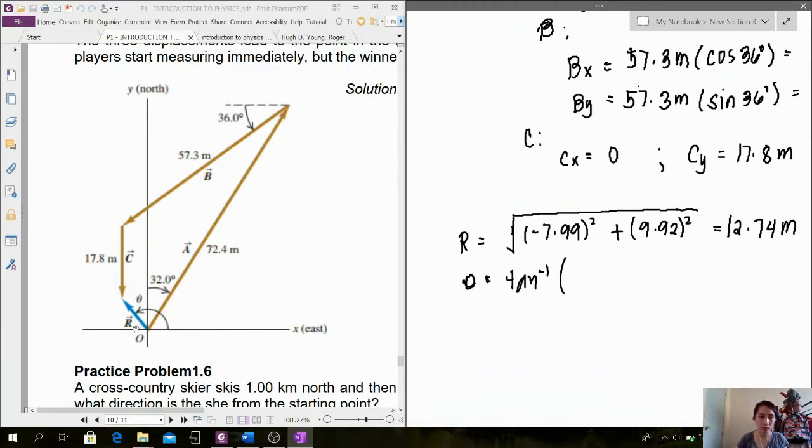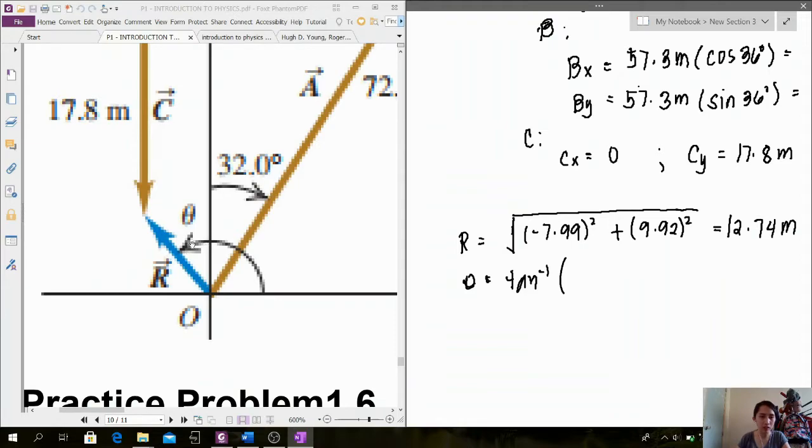So we will get the angle here. So that you won't be confused, this is the angle we will get. If the angle is located here, we have the x component as the opposite side and the y component as the adjacent side.